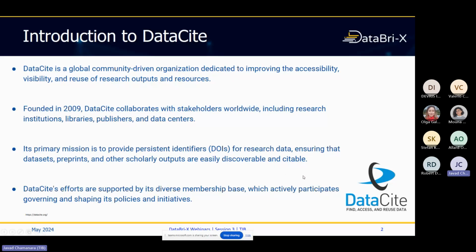As I said, its main objective is to provide DOIs for research data, which means that the data set that you use for the research, or the data set that you produce as a result of your research, or any data paper that explains your data set, can be good candidates for getting this kind of DOIs from DataCite.